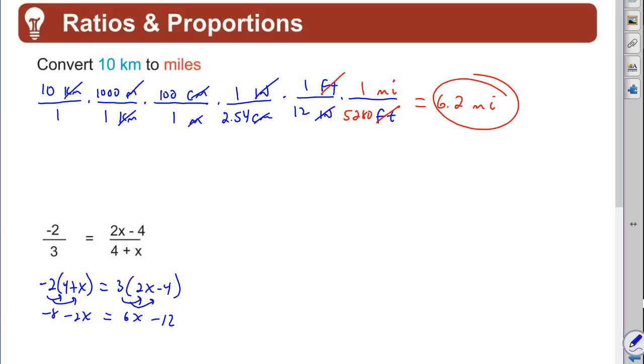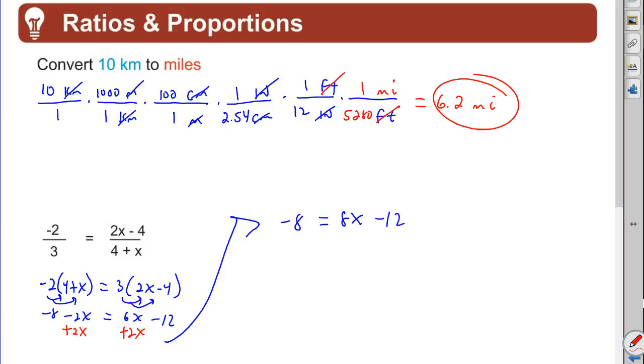Okay, so remember, when you have variables on both sides, you got to get all your variables on one side. I'm going to move the negative 2x from the left to the right by adding their opposite to both sides. Let me go up here for vision's sake. So I end up with negative 8 on the left equals 6x and 2x is 8x minus 12.